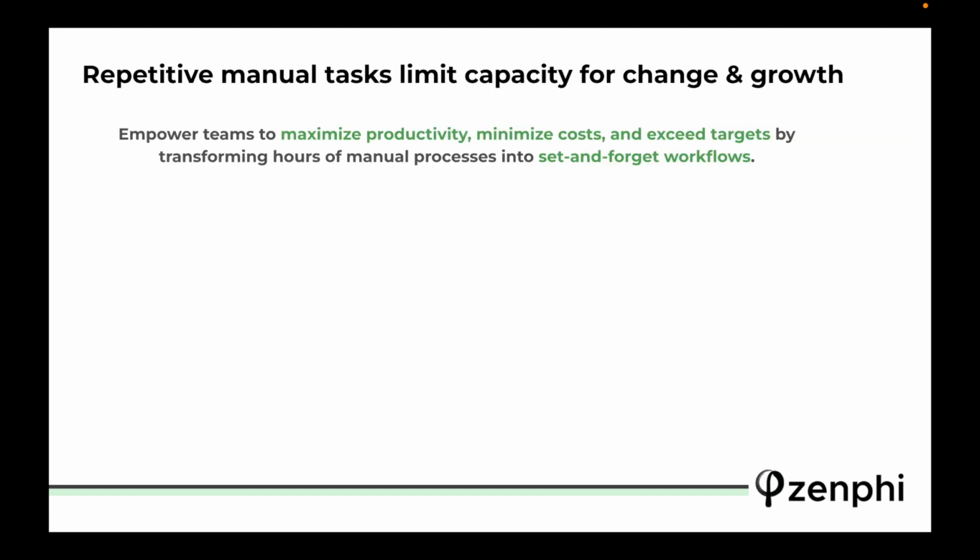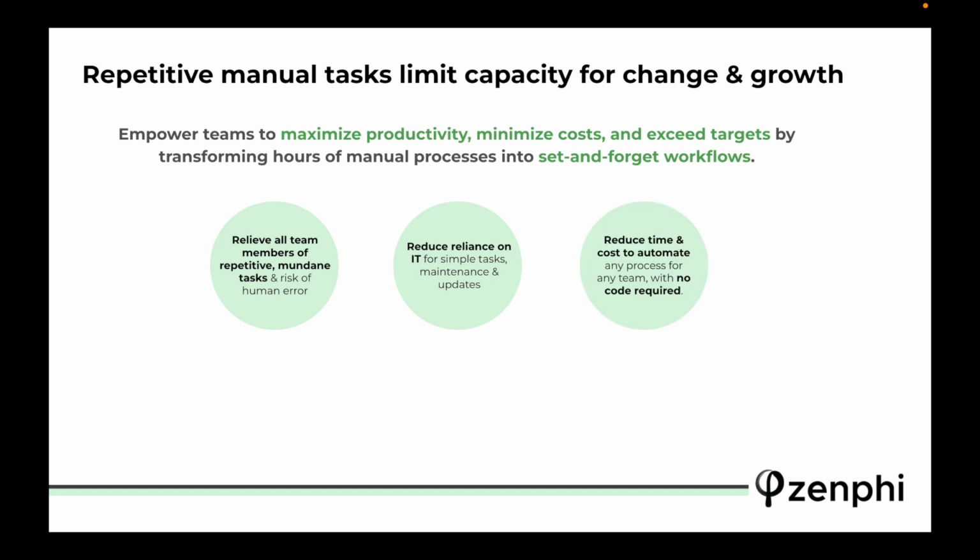Automation with Zenphi not only saves time, but it has many other benefits too. Here I'll just highlight a few of them. While decreasing the manual workload, at the same time, automation prevents human error, and you don't need to rely on IT to perform simple tasks, like creating or deleting a Google Workspace account, for example.